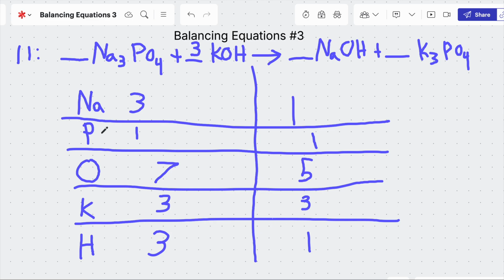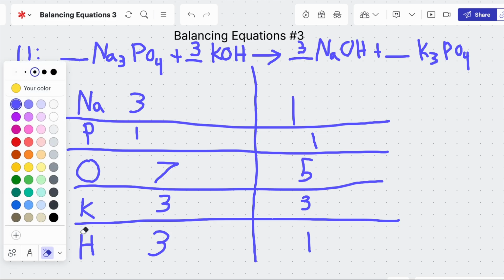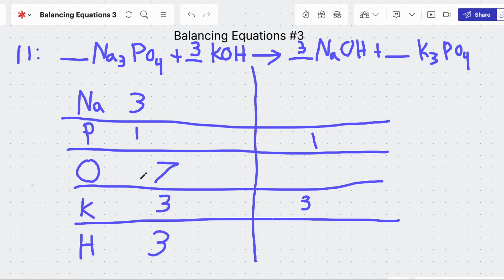So we're just going to focus on Na's. Let's see. So this side is lower. There's only one way to add Na's on this side. So in this case, we need to figure out what times 1 gets us to 3. It's going to be same as right here. It's going to be 3. It's going to change our Na's, our O's, and our H's. Right. So 3 times 1 for Na is just 3.